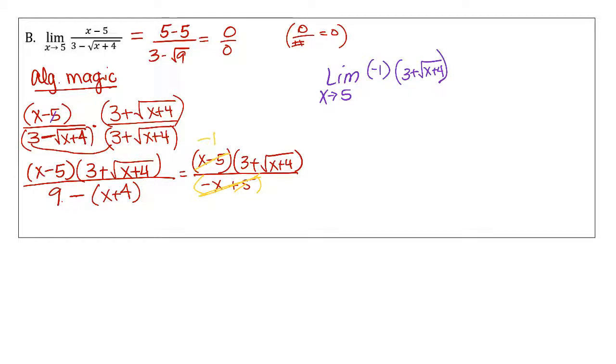And now substituting in that 5, I have -1 times 3 plus the square root of 5 plus 4, that's 9, square root of 9. So then that's going to be what, 3? So my final answer is -6. All right, so again, we started out with the 0/0, and we saw we could work our way around and actually find what that answer is.